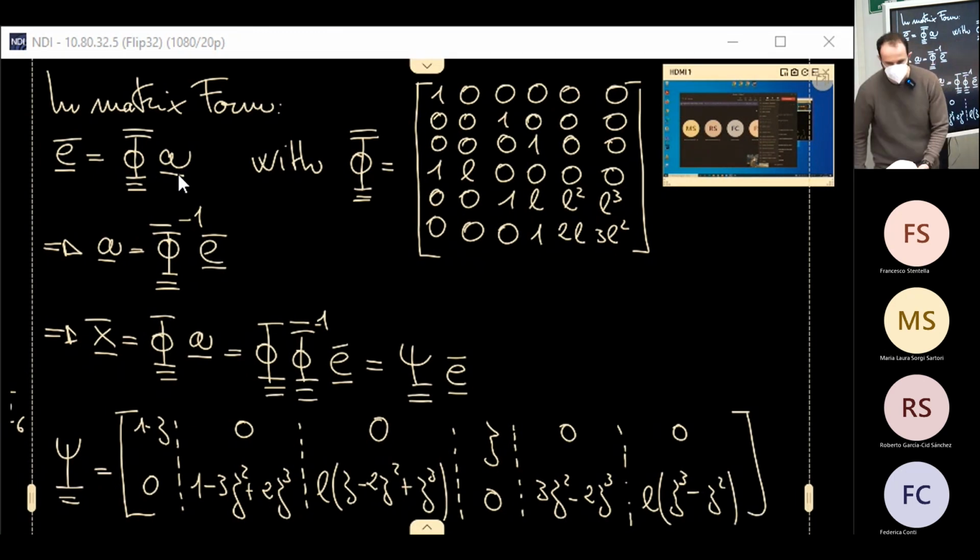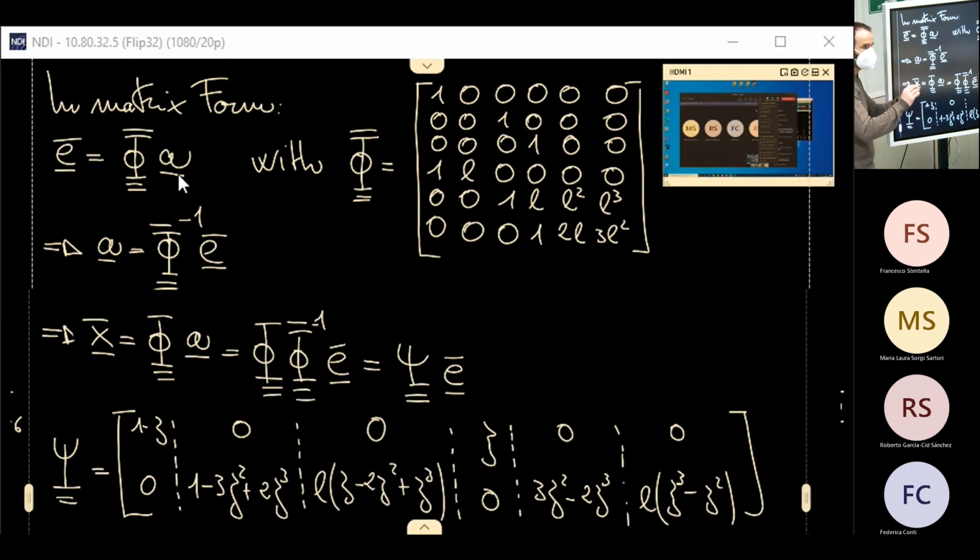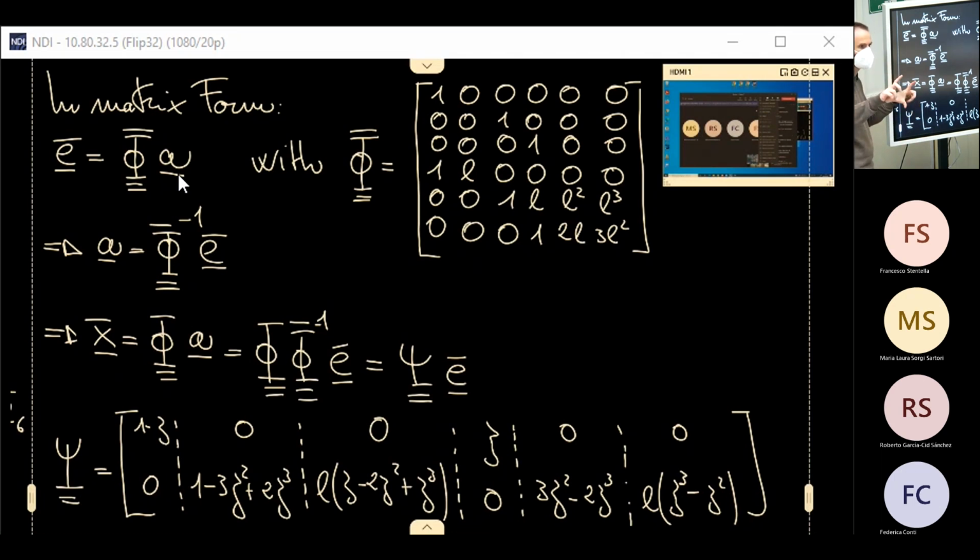Why is it the same as the element shape matrix that we have already defined in the other formulation? Because it's the same element type. And what defines the element type is this one. It's the way you reconstruct, apart from the nodes, how many nodes, the field within the element, starting from the solution of the nodes.